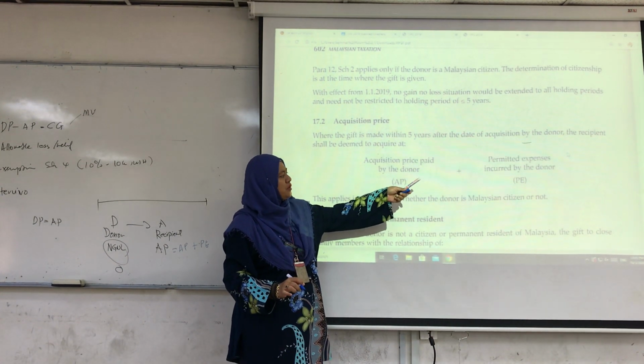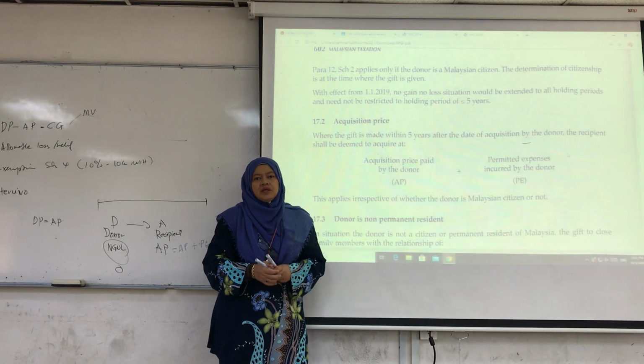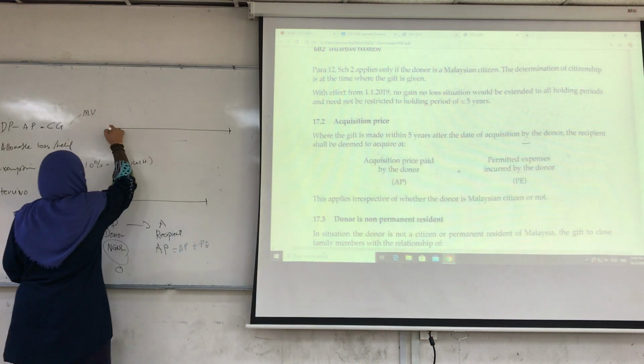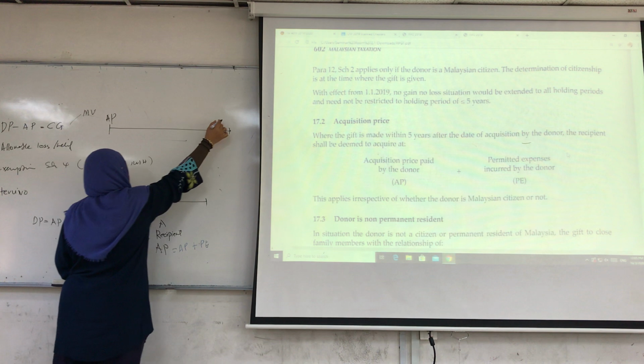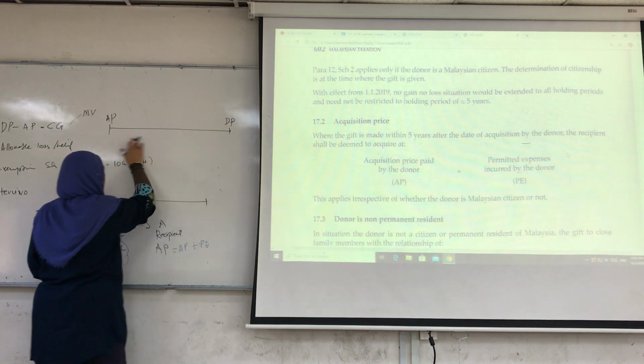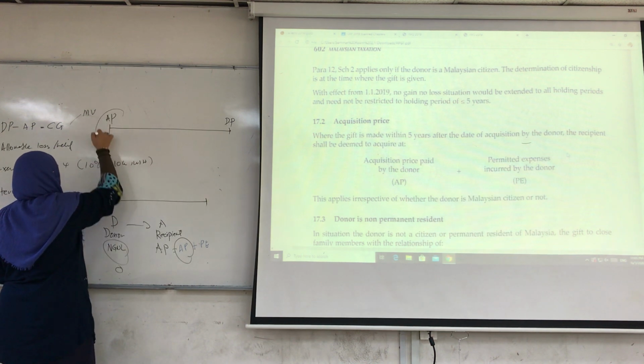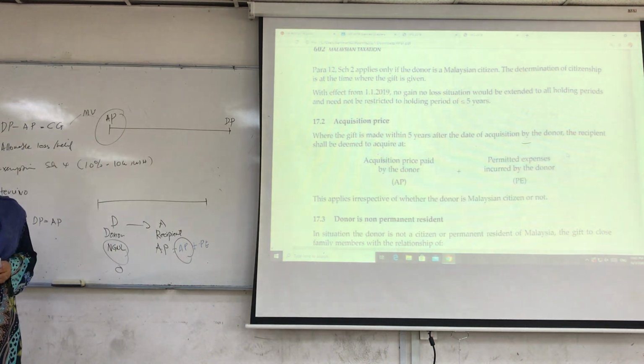Permitted expenses incurred by whom? By the donor. Remember in the last class, when you first purchase and then dispose.